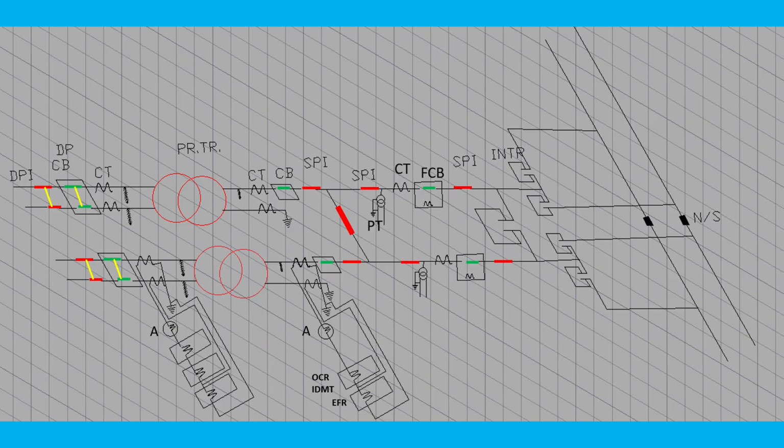So across the CT the voltage is very minimum, because its burden is only, say, 100 volt ampere. If your current is 100 ampere, then the secondary current will be 5 ampere, and how much will the voltage be? If it is 100 volt ampere and your current is 100 ampere, then the voltage is only 1 volt.